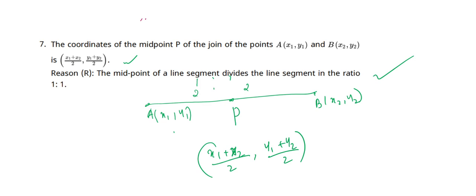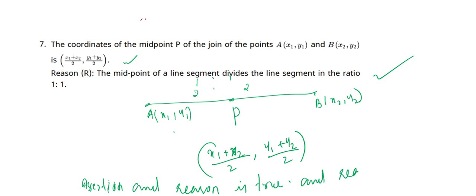So we can write that the assertion and the reason are true and the reason is the correct explanation of the assertion.